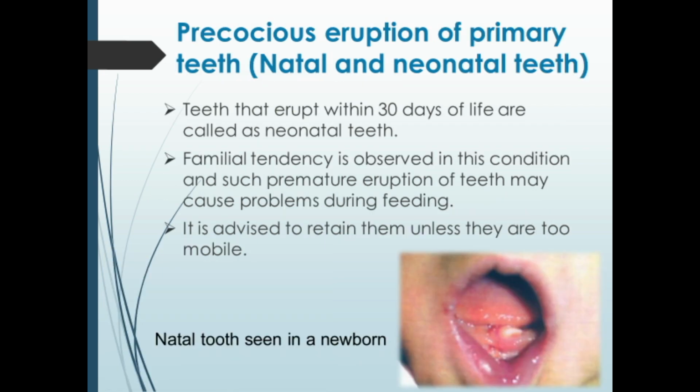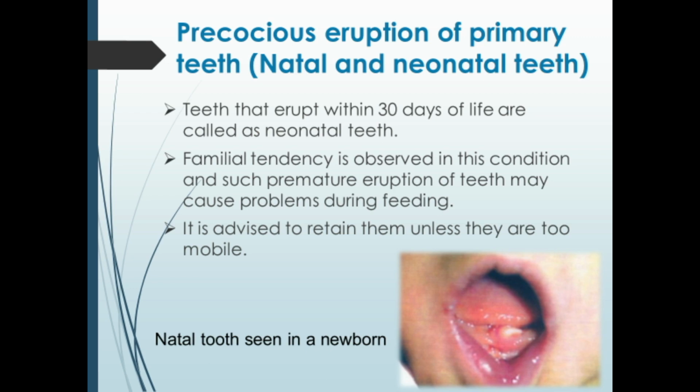Precocious eruption of primary teeth: natal and neonatal teeth. Usually, jaws are devoid of teeth at birth. However, occasionally, infants are born with one or two erupted teeth, usually the mandibular incisors. Such teeth present at birth are called natal teeth.